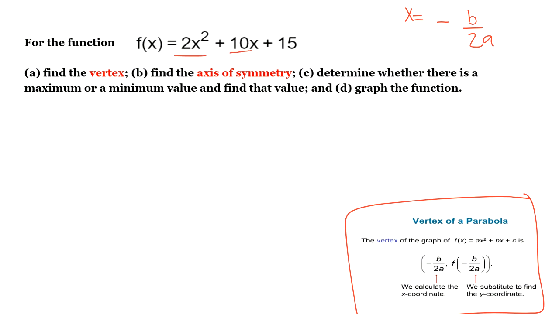Remember that a is the coefficient of your x squared. B is the coefficient of your x. And we don't use c, but just to remember, c would be 15 if I were using the quadratic formula or something. But in this part, I only need an a and a b.